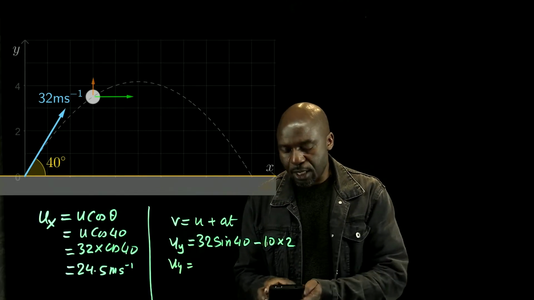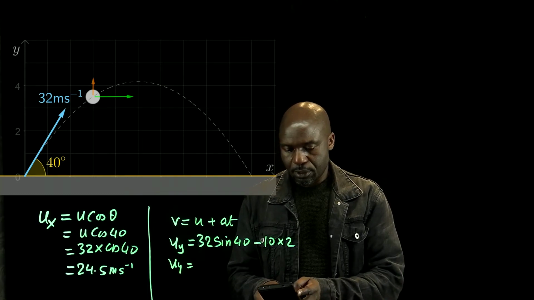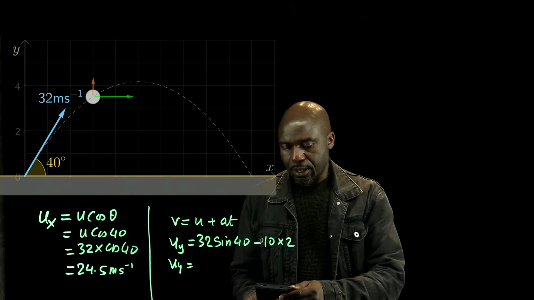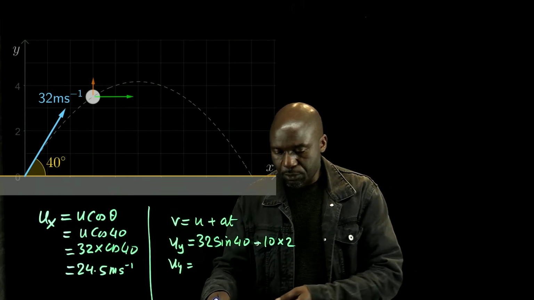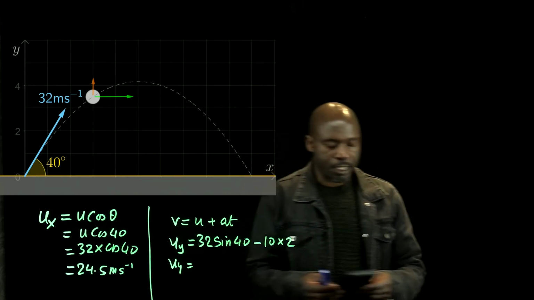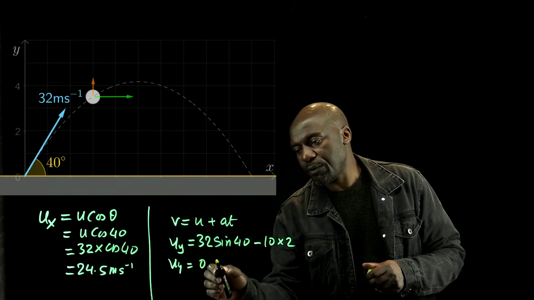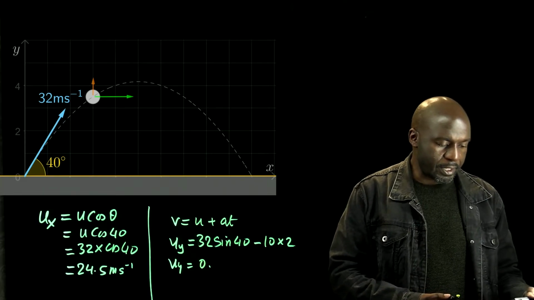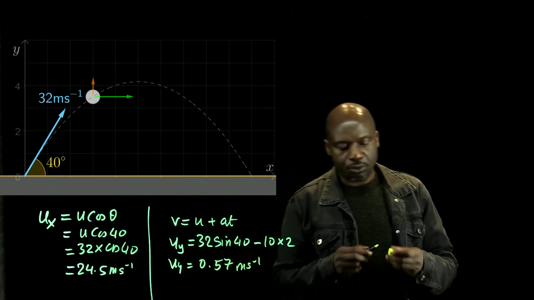And if I work that out on my calculator, 32 times sine of 40, everything minus 20, that gives me a very small velocity, 0.569, so 0.57 meters per second 2 seconds later.